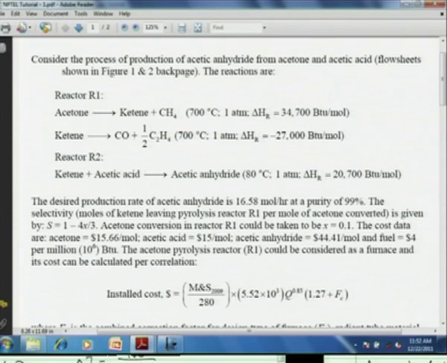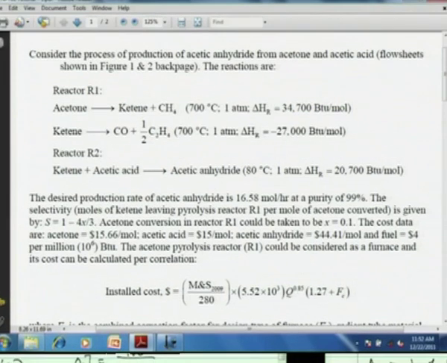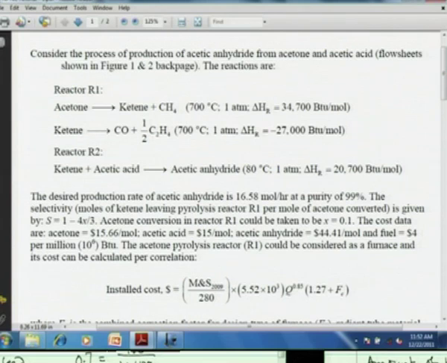We take the desired production rate of acetic anhydride as 16.58 mole per hour with a purity level of 99%. The selectivity, moles of ketene leaving the pyrolysis reactor 1 per mole of acetone converted, is given as S equal to 1 minus 4x by 3. So the selectivity is a function of conversion.